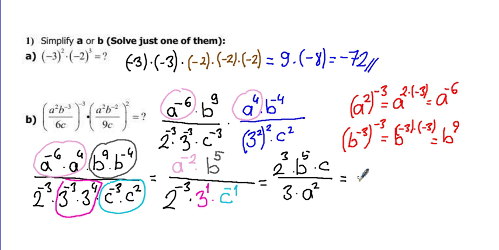So the final result is 8 b to the power of 5 c over 3a squared. This is the simplest form.